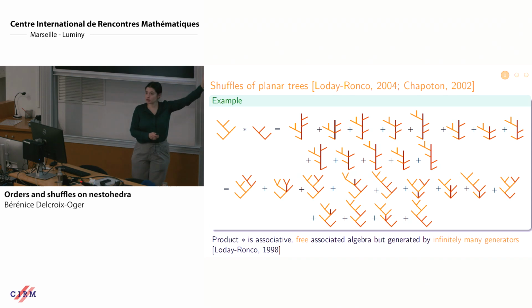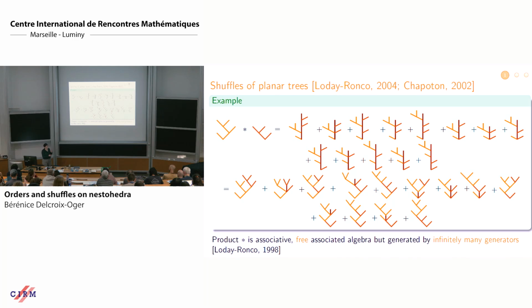And this was the motivation for the introduction of tridendriform algebras by Loday and Ronco. So what is a tridendriform algebra? It's splitting this associative product according to the root of the considered tree. These trees have roots coming from the left, so it will be a left product.